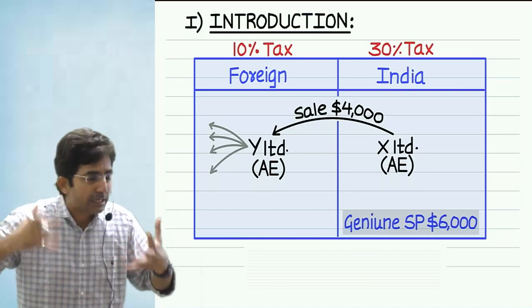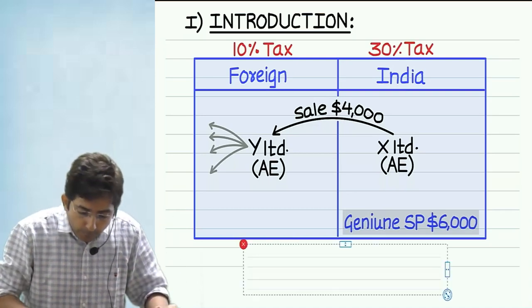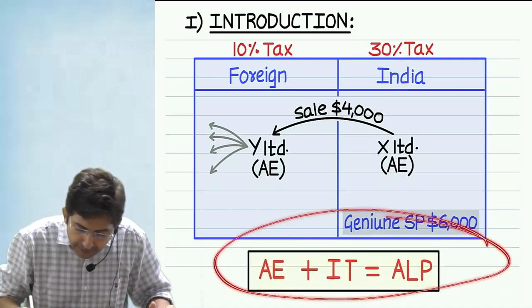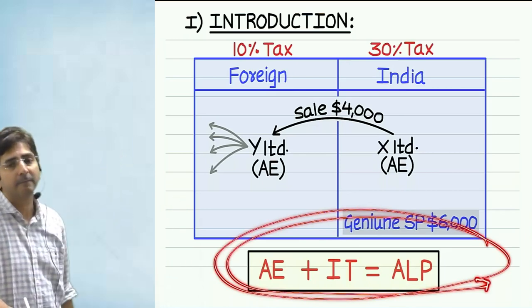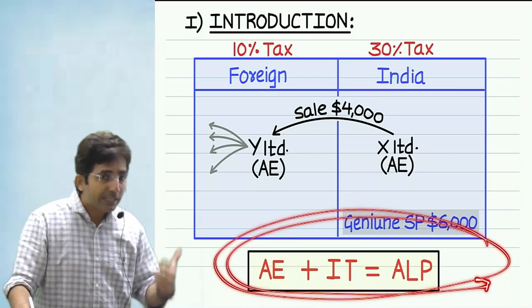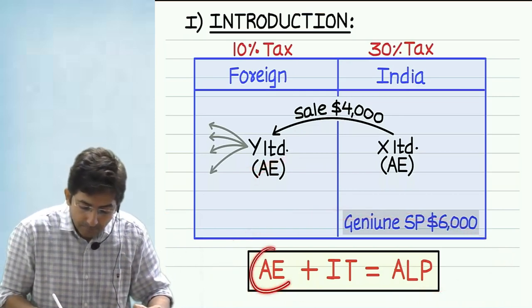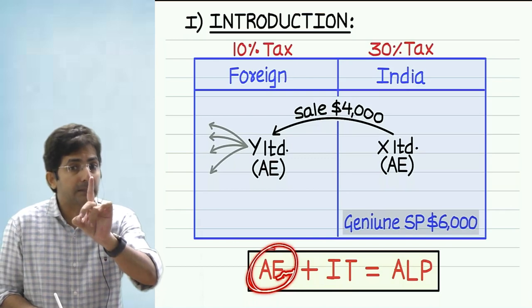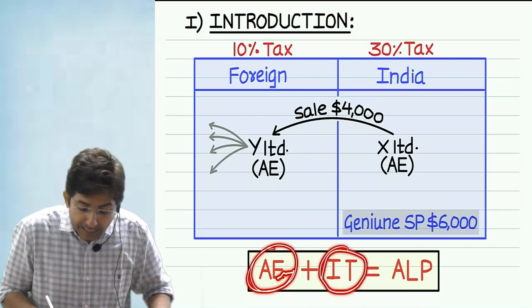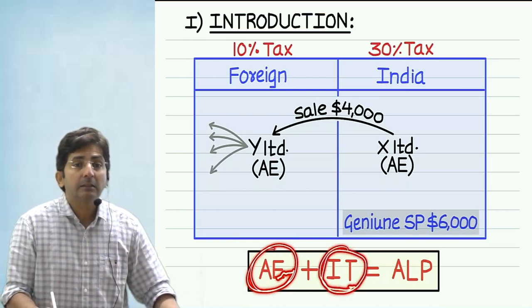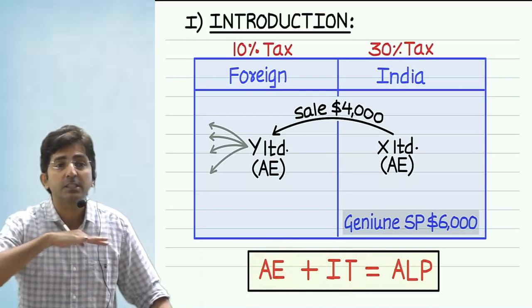You know why I am stressing and excited about this? Because this is the main condition of the chapter. Look at this. Can you guess what I have written? Whenever the two entities are associated enterprises, and if it is an international transaction, then you are finished.